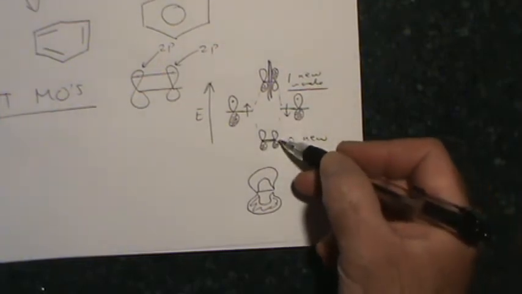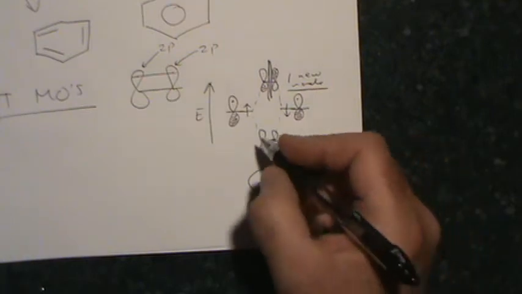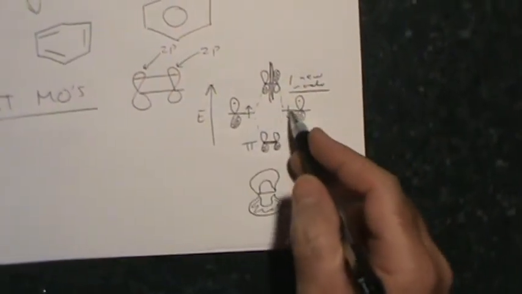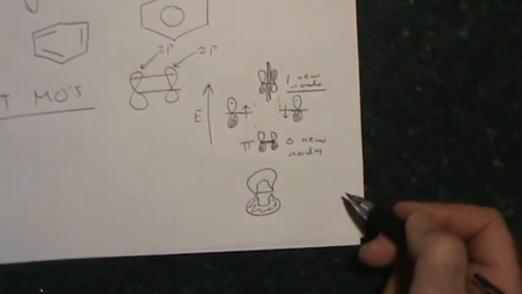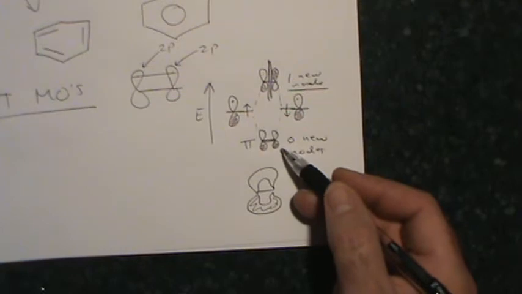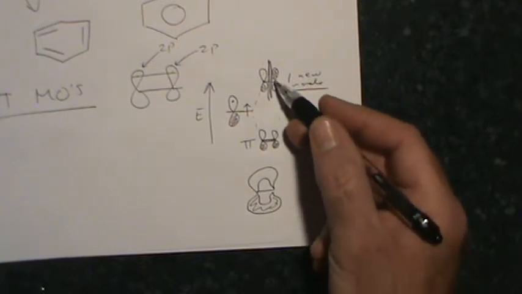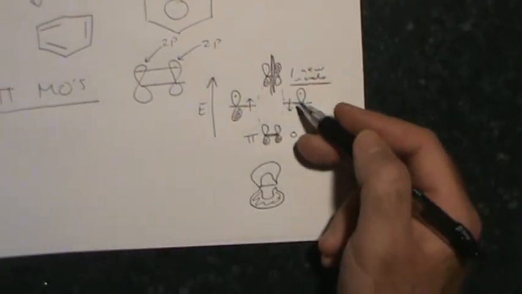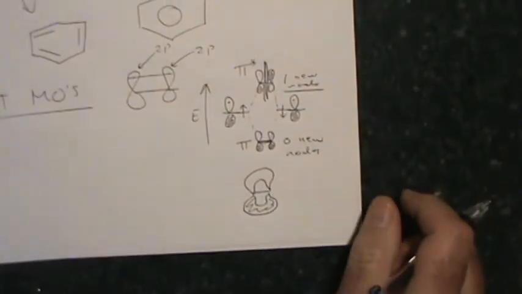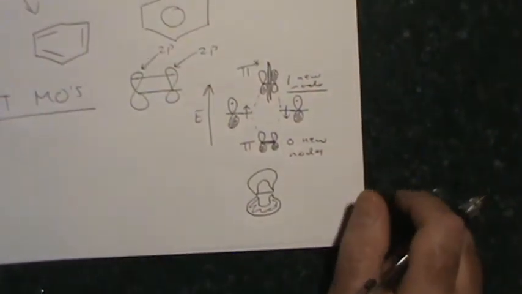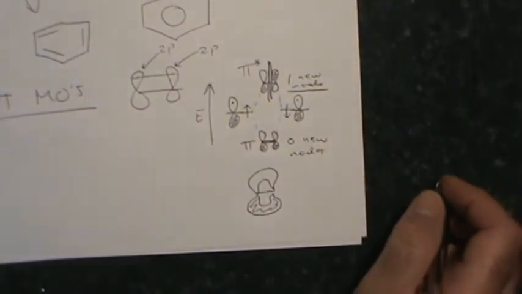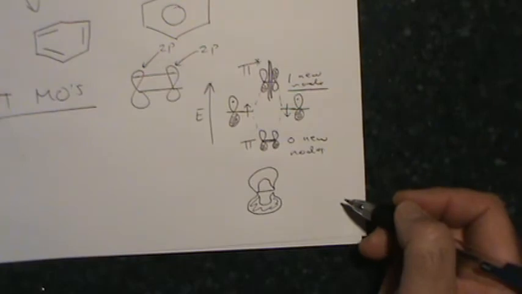Well, this particular molecular orbital, which we'll call pi, sits at lower energy than either of the atomic 2p orbitals that were used to construct it. However, this particular molecular orbital, which we'll call pi star, the star indicating that it's an anti-bonding molecular orbital because it has more anti-bonding interactions than bonding interactions, sits at higher energy.